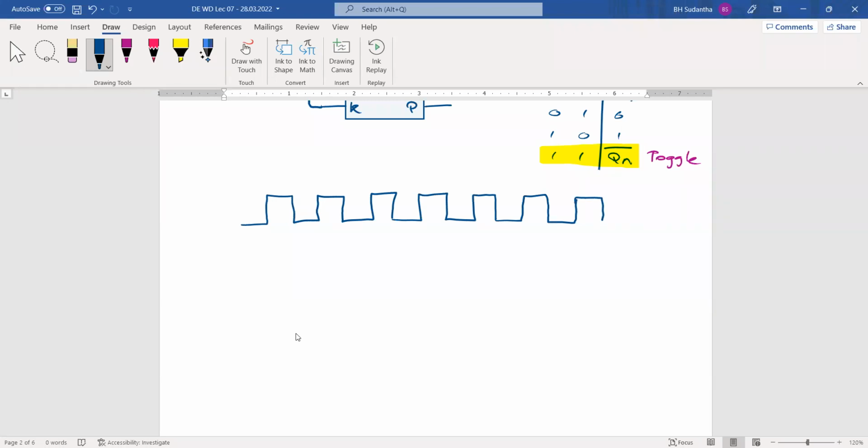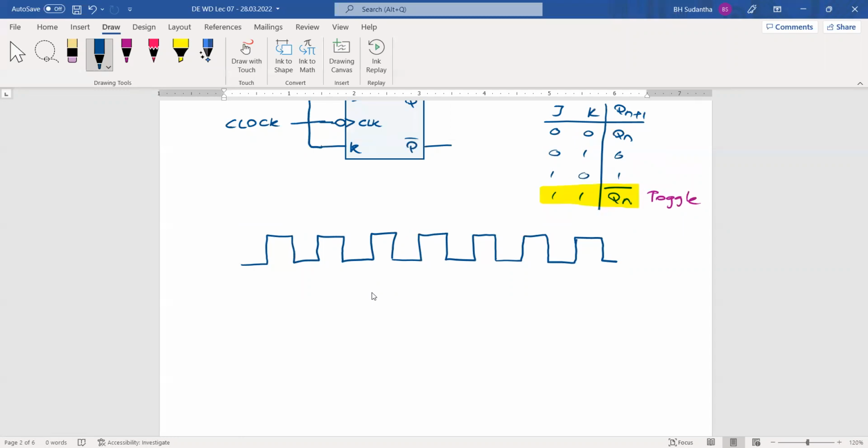This is the type of input we are giving to the clock input while we keep J and K at 1. This is the clock in.